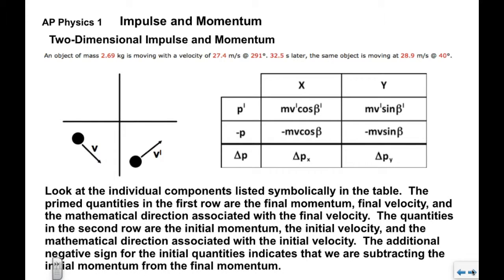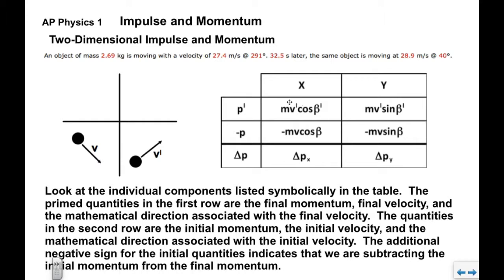So what we're going to do is set up a table not unlike our component table for when we added vectors early on. I want you to take a look at the individual components that are listed symbolically in this table. The first row indicates the final momentum. We've got the x component here.